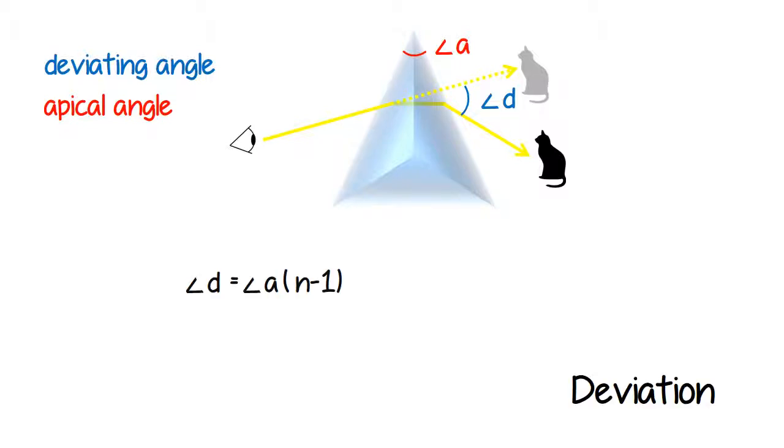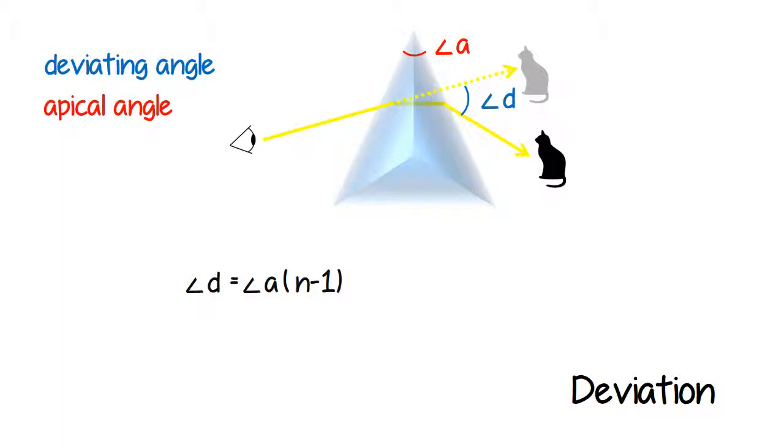And then there's a formula to determine the angle of deviation: the angle of deviation equals the apical angle times the difference in refractive indices. One is the refractive index of air, which we're assuming is surrounding this prism, and n is the refractive index of the prism, whether it's glass or plastic or what have you.